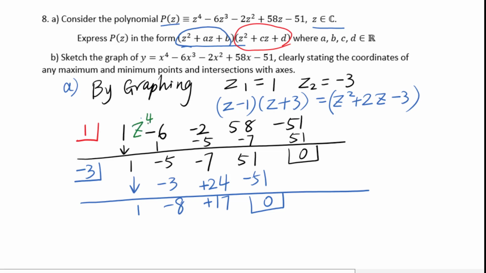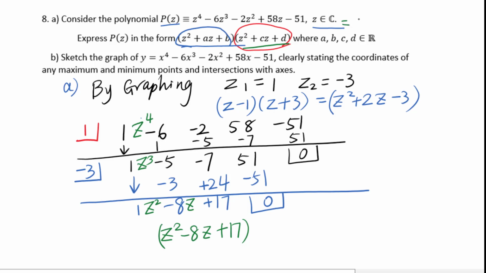Z to the fourth power, z to the third power, z squared, z plus 17. In other words, z squared minus 8z plus 17 will be the factor. So we can write down the solution for A.